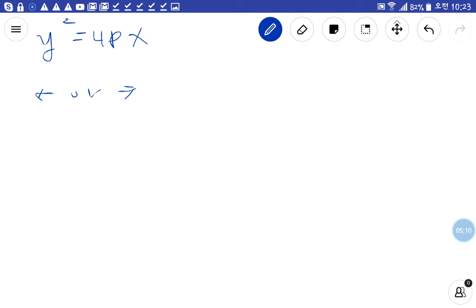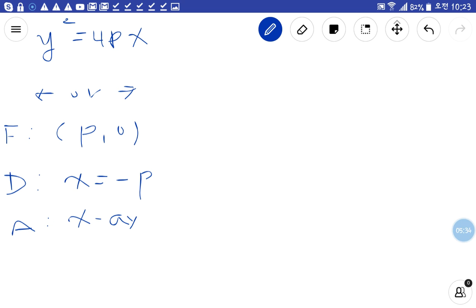Now the focus is p, comma, 0. Now the directrix is going to be what? x equals negative p. You should remember that your directrix changes depending on whether your graph opens left or right, or up or down. Now the axis. What's your axis? The x-axis. And as I said, focal length and width are not going to change anything. Then I have a vertex 0, 0.